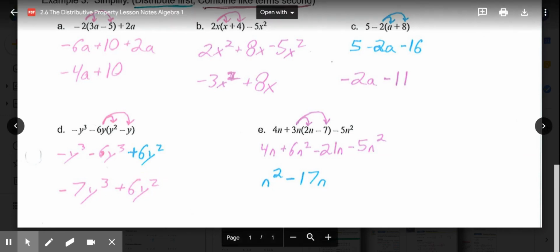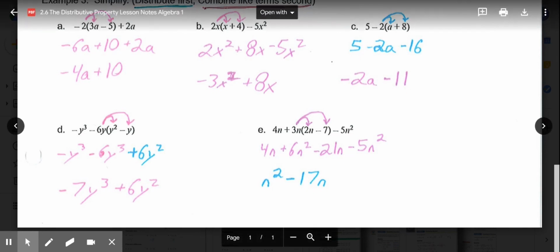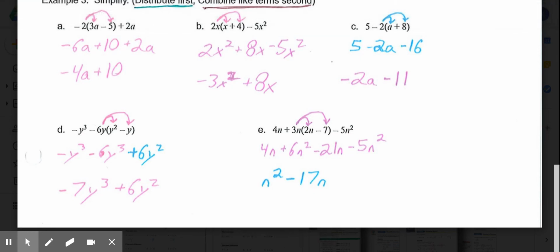And then the final example for this lesson, we have 4n plus 3n times the quantity 2n minus 7, and then minus 5n squared. So I'm distributing the 3n to the 2n and the negative 7. 3n times 2n is 6n squared. 3n times a negative 7 is a negative 21n.